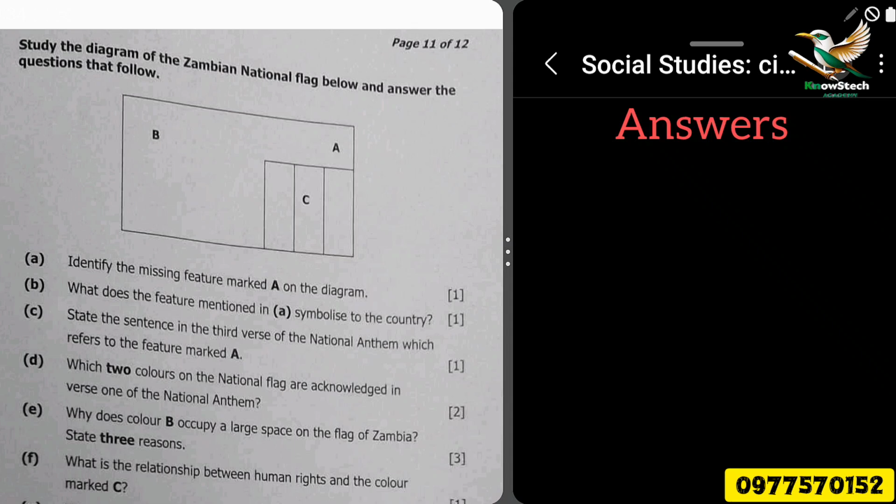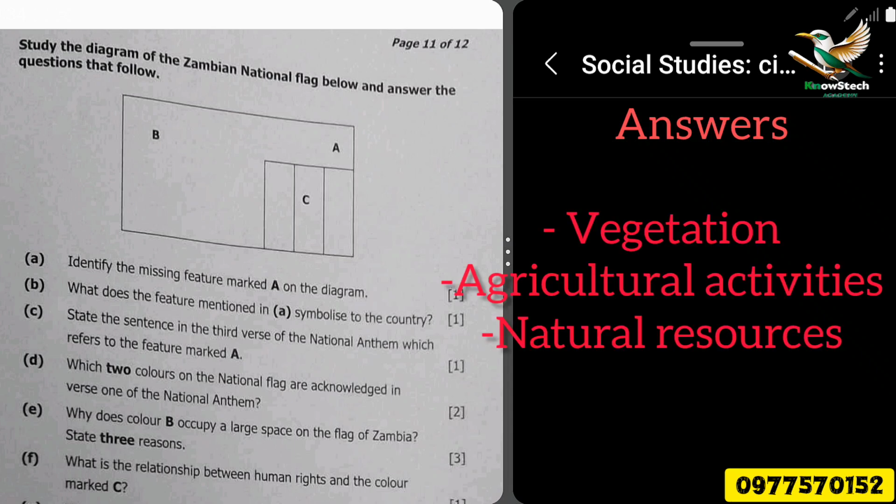Number 1, vegetation, agricultural activities, natural resources. You can also say land used for production. All right, that is the green color.